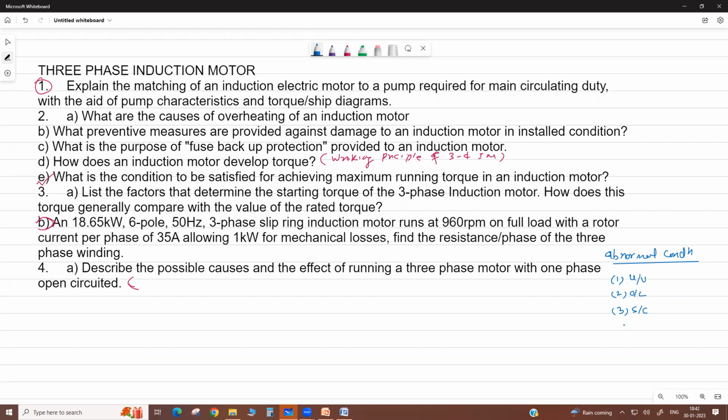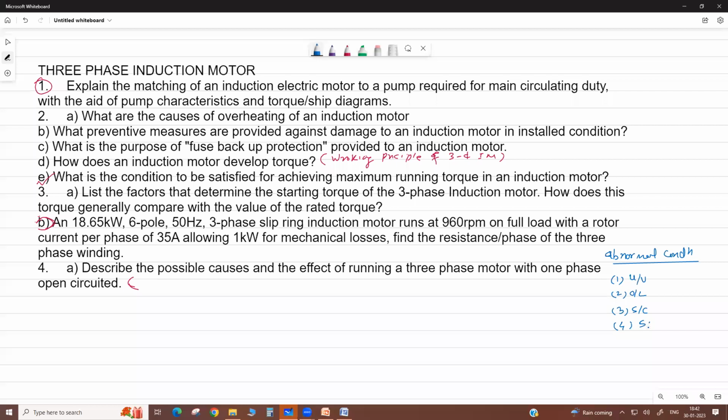Then unbalanced winding, imbalance in current, overheating.